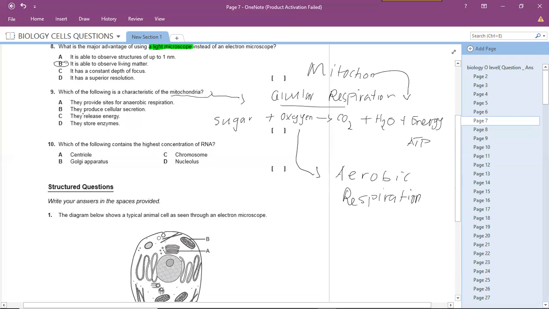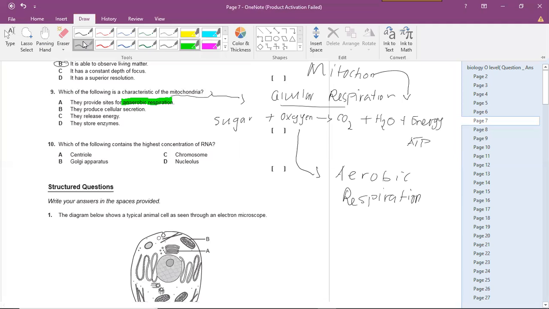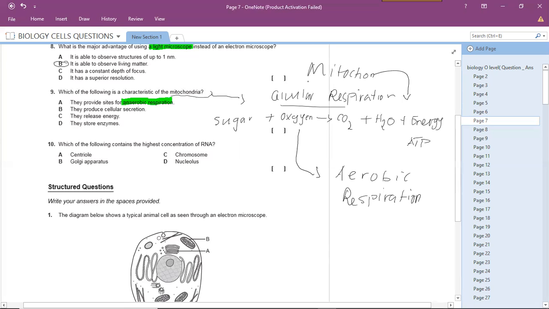So let's go through the multiple choice question. They provide sites for anaerobic respiration. This is wrong. Every time in biology, anaerobic means respiration without oxygen.